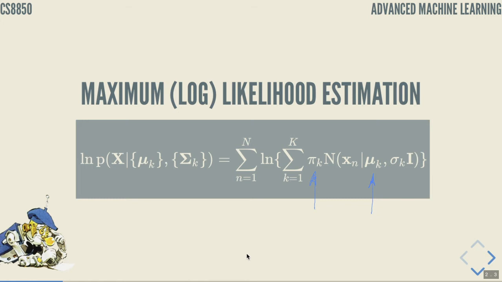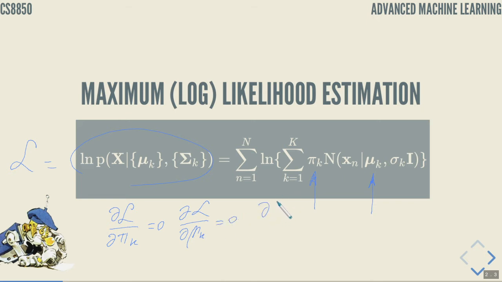comes from the following. We can just say, okay, what do we have? Let's call it log likelihood. Perfect. Let's differentiate our log likelihood with respect to pi and set it to 0. Let's differentiate with respect to the mus and set it to 0.